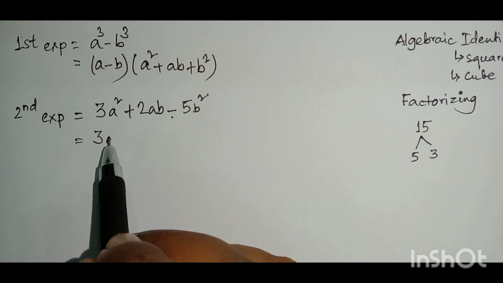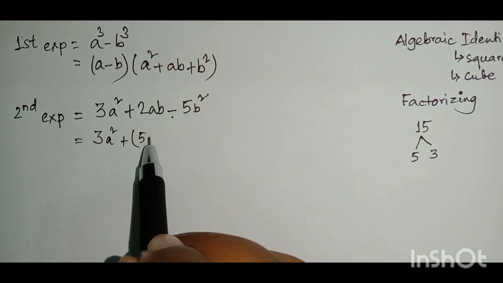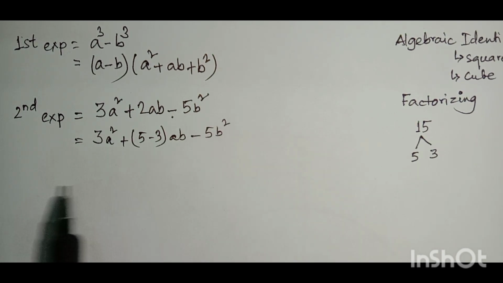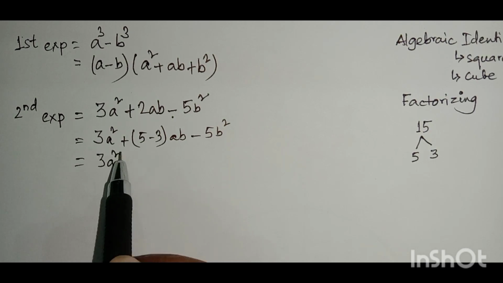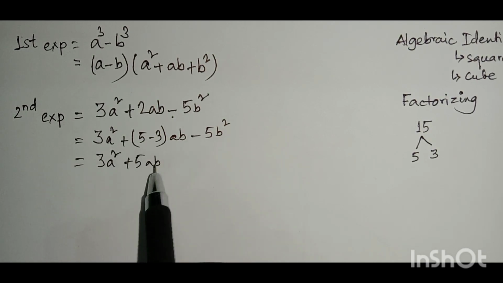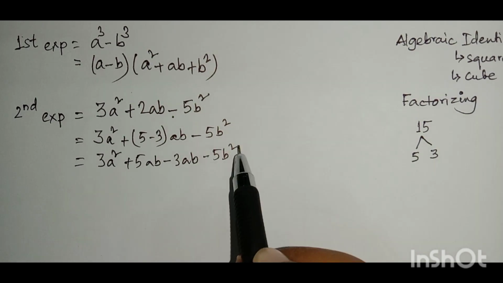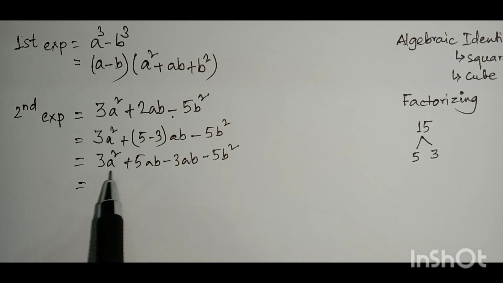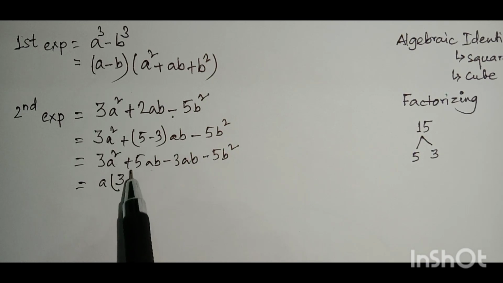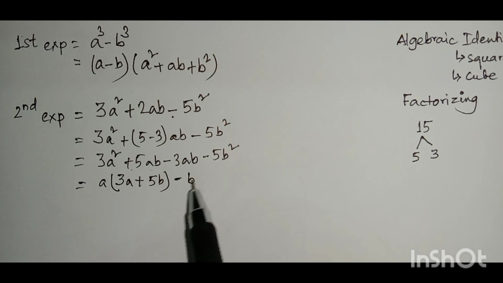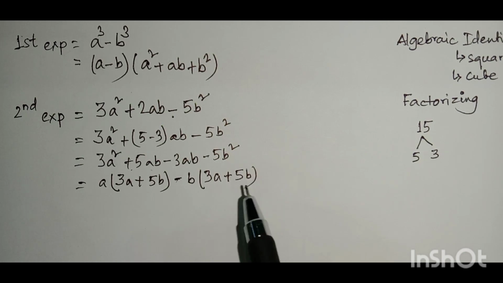Here I am writing 3a square plus 2ab minus 5b square equal to 3a square plus 5ab minus 3ab minus 5b square. And if I take a common from here, then I get a times 3a plus 5b, minus, if I take b common, then I get b times 3a plus 5b.